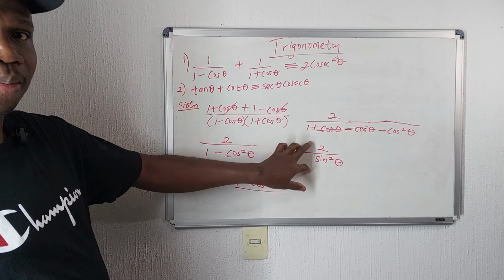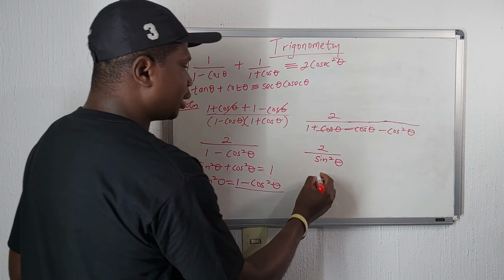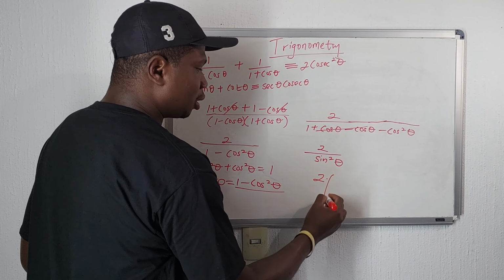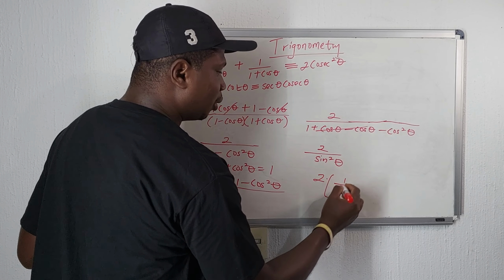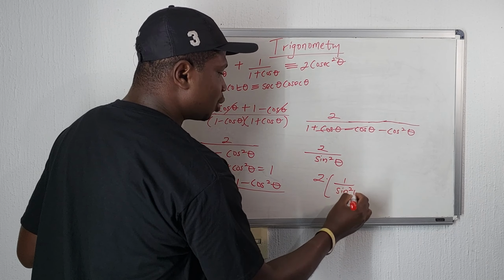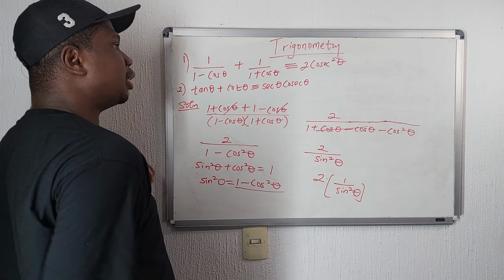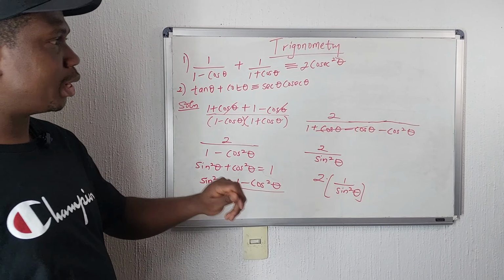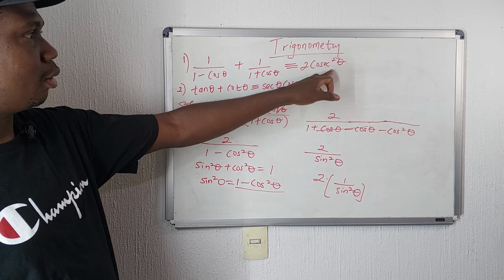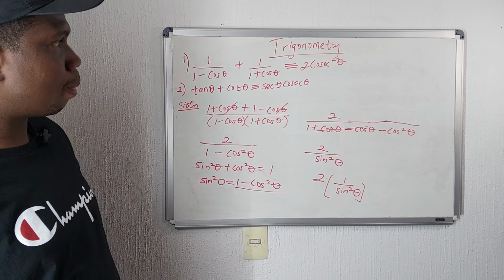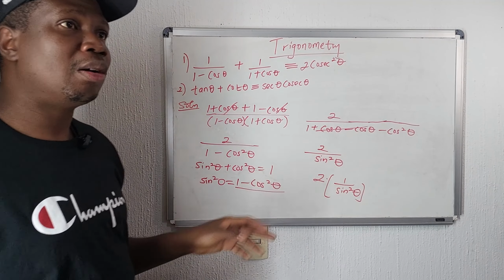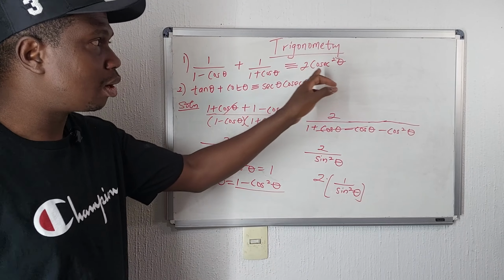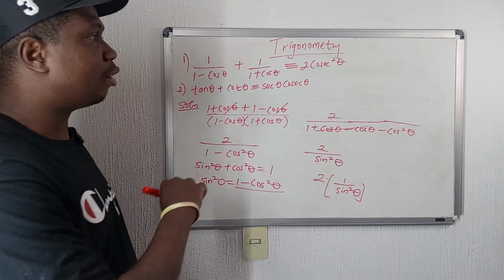We can bring out the 2 outside and say 2 into 1 over sine squared theta. Now, what can we do next that can make this look in this form? We know that the reciprocal of sine is cosec.